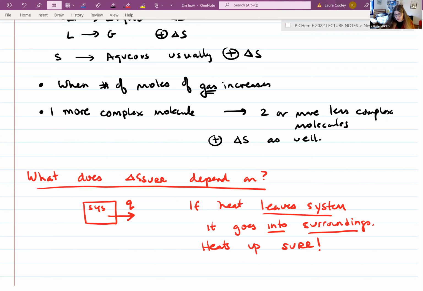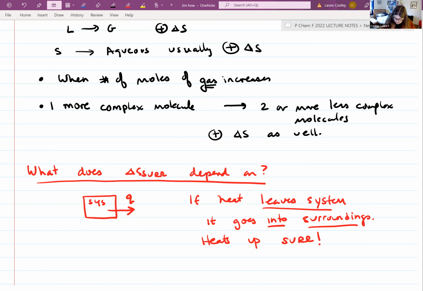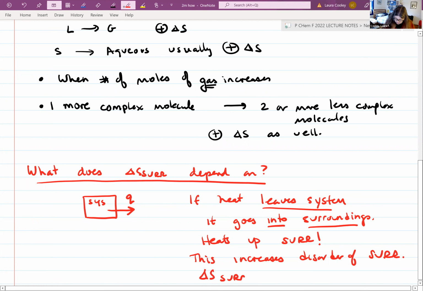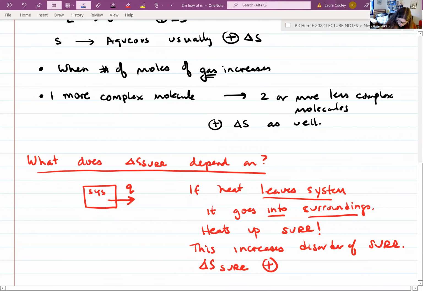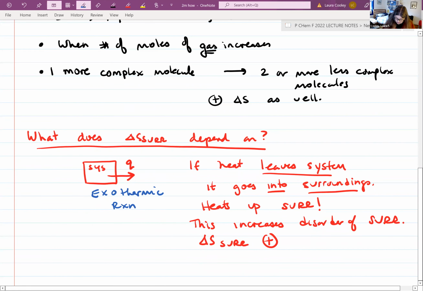What does that do to the order of the surroundings? Well, when you dump a bunch of heat in something, the molecules move a lot more. Heating up the surroundings increases the disorder of the surroundings. So delta S surroundings will be positive, and that's true for an exothermic reaction.